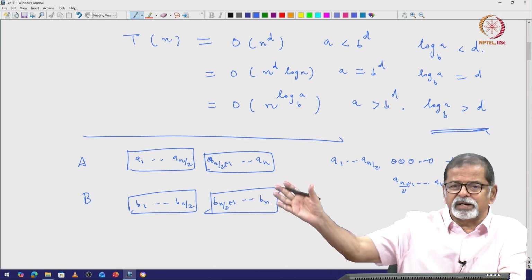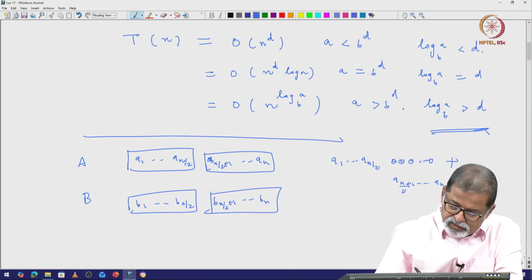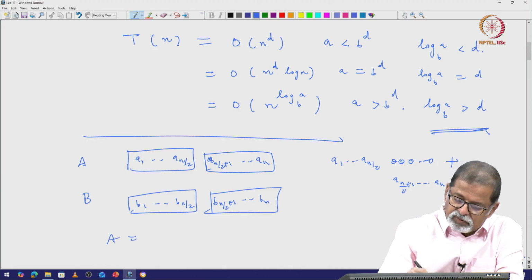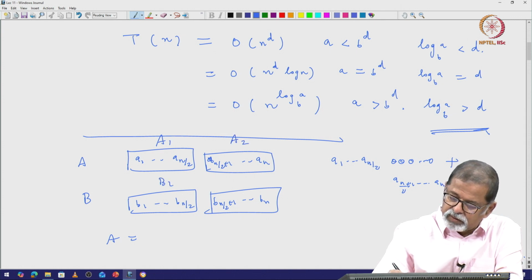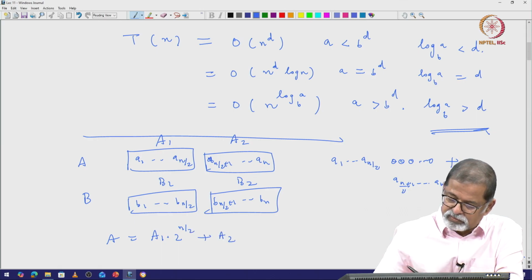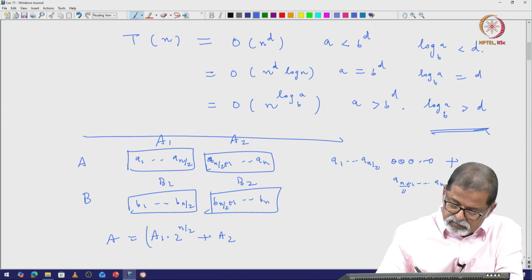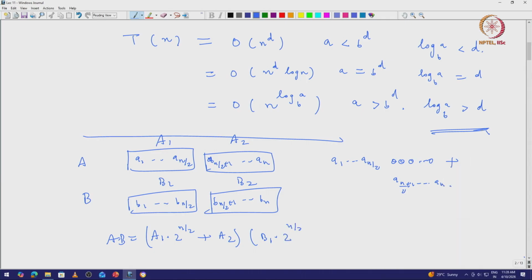In other words, I am interpreting this a as, if you call this a1 and this a2, and similarly b1 and b2, A can be written as A1 times 2 power n by 2 plus A2, and B can be similarly written as B1 times 2 power n by 2 plus B2.